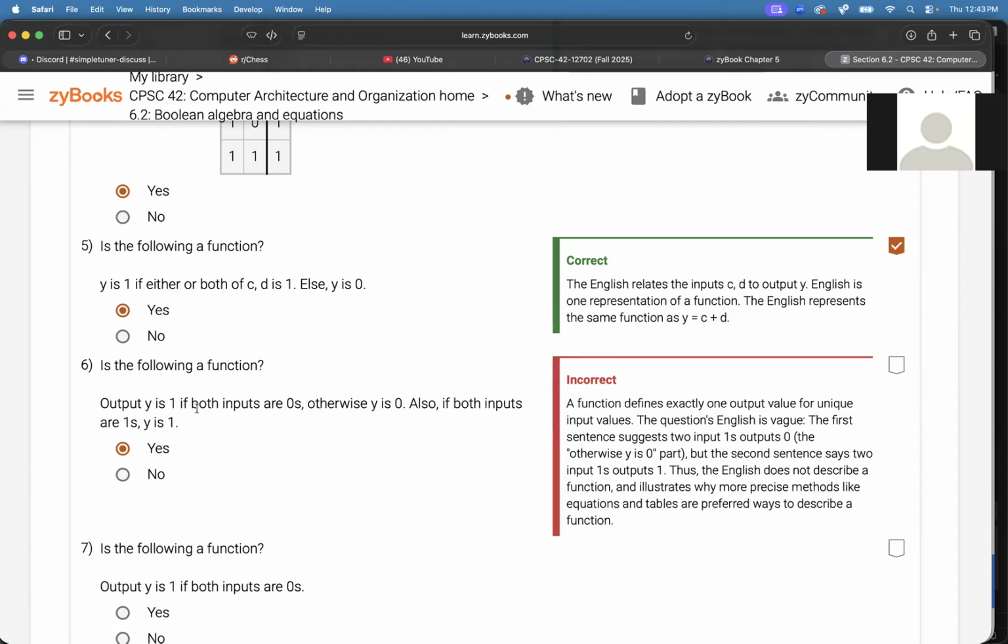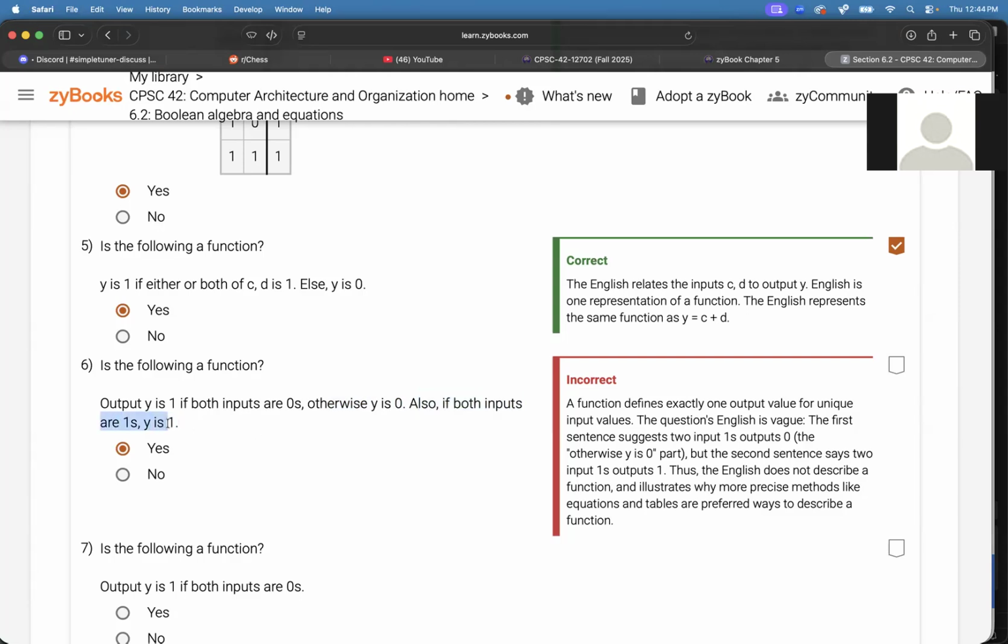Output y is 1 if both inputs are 0. Otherwise, y is 0. Also, if both inputs are 1s, y is 1. Okay, so they just describe this in a way that doesn't make sense because here it says output y is 1 if both inputs are 0. Otherwise, y is 0, right? So they already told you otherwise y is 0, but then they kept explaining also if both inputs are 1, y is 1.